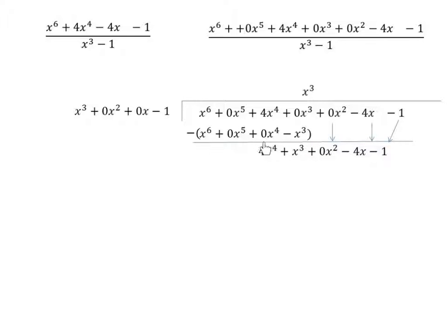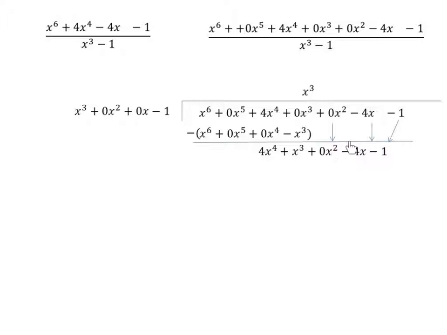Now this is also 0, but 4 minus 0 is just 4x to the third, right? And then you have 0x to the third minus negative x to the third. Remember that the negative minus becomes positive. That's why I have plus x to the third here. So 0 plus x to the third is x to the third.